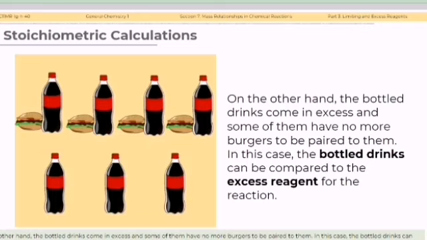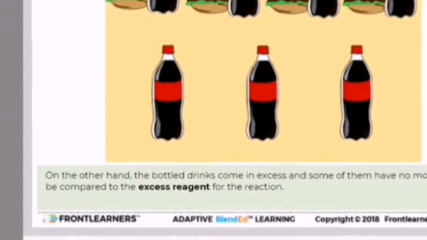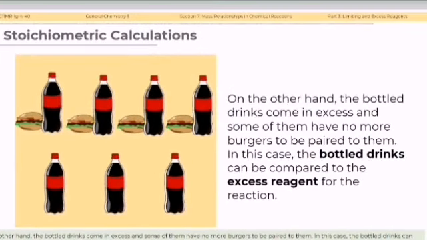On the other hand, the bottled drinks come in excess, and some of them have no more burgers to be paired to them. In this case, the bottled drinks can be compared to the excess reagent for the given reaction.